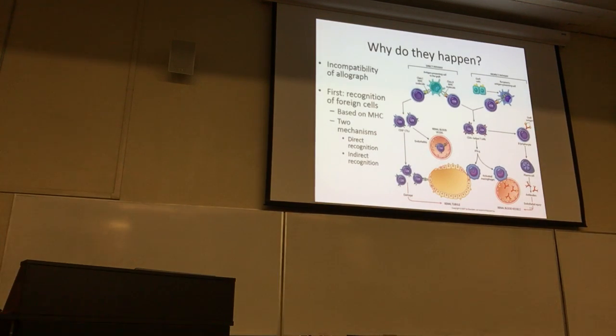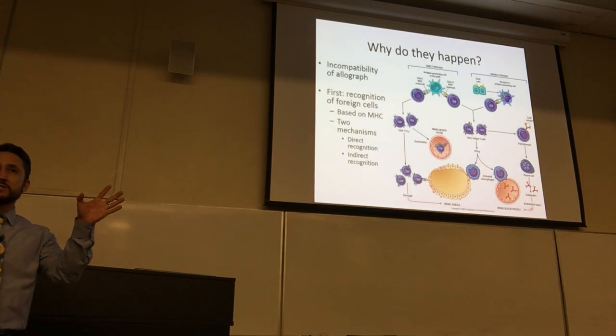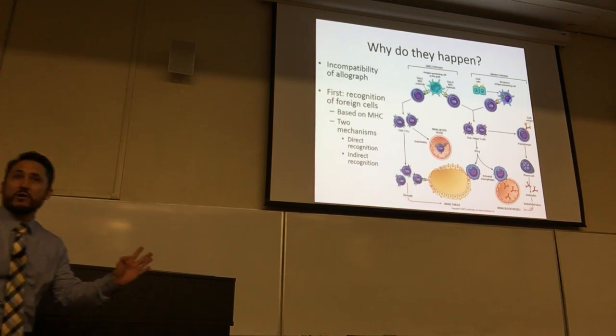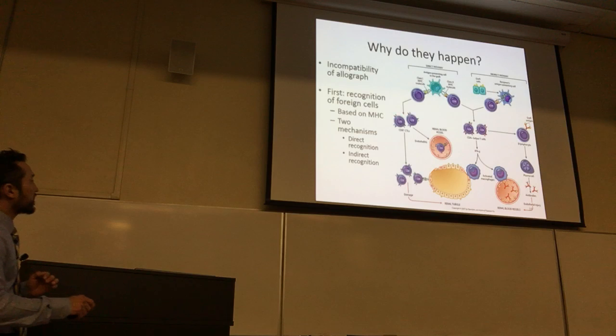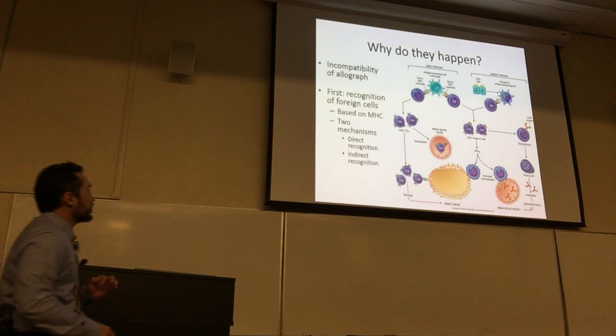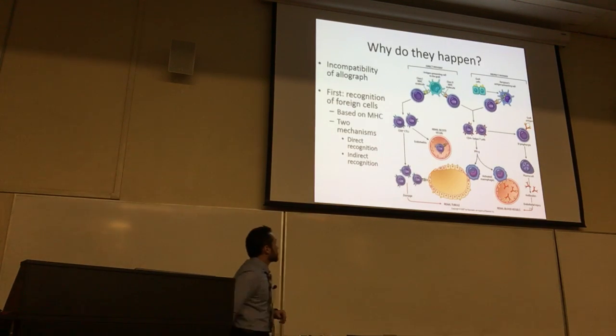So how do we block this? This is a type 4 hypersensitivity, but it could involve antibodies. That doesn't throw you off because you know it's type 4 because there is T cell involvement. So in type 4 with T cell involvement, how do we minimize or eliminate this type of response?